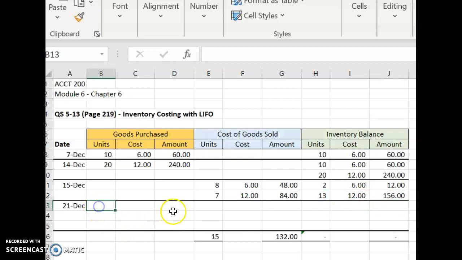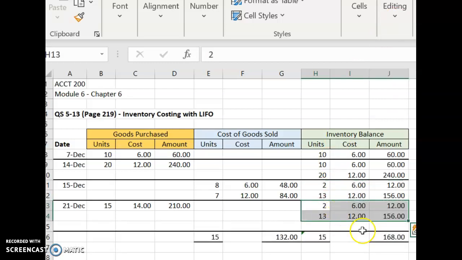And now on December 21st, I purchase an additional 15 units at $14. So now my inventory, I have all of this left still, right? I'm going to copy this and bring this down. So I've got the 2 at 6, I've got the 13 at 12, and now I also have the 15 at 14.